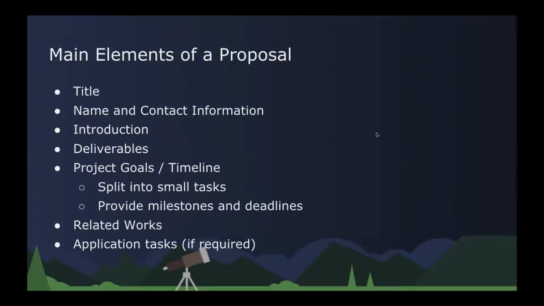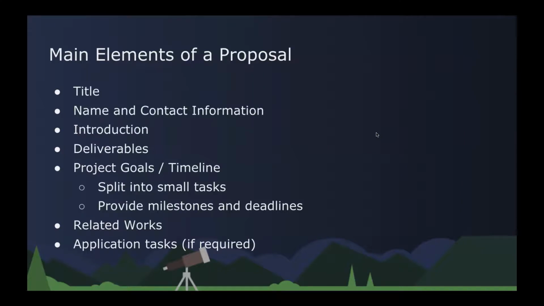And if there are any related works related to the project you are going to do, you can mention them also. And there may be some tasks provided by the organization. As I told earlier, there may be multiple students participating for that organization and for that project.